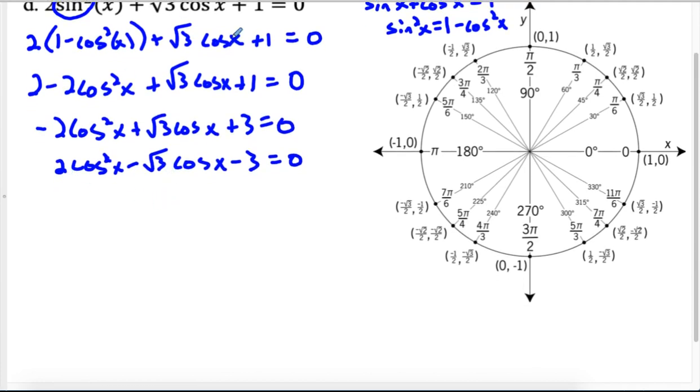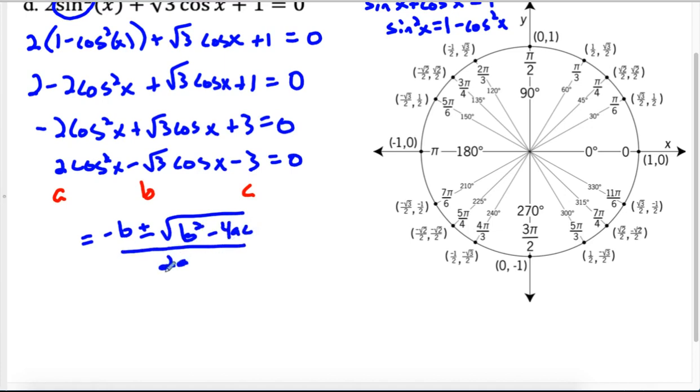The 2 is my a value. The negative square root of 3 is my b value, and then the negative 3 is my c value. So we're just going to use the quadratic formula. Opposite of b plus or minus the square root of b squared minus 4ac all over 2a.